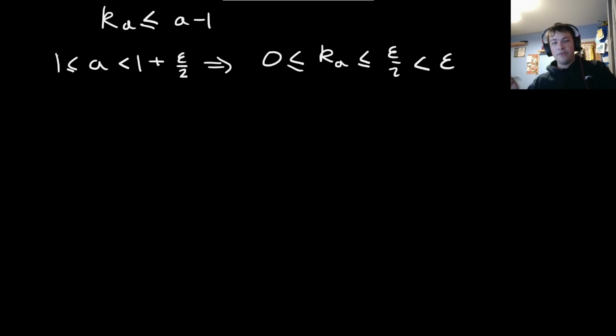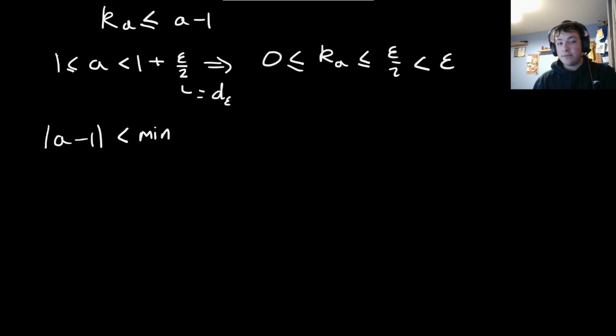Then we do what we did before, using that phi that told us about the continuity of 1 over x. So if a minus 1 is less than the minimum of, we'll call this thing d epsilon, and phi of d epsilon. The phi and the d have changed places because 1 and 0 have changed places. Then we get two cases.